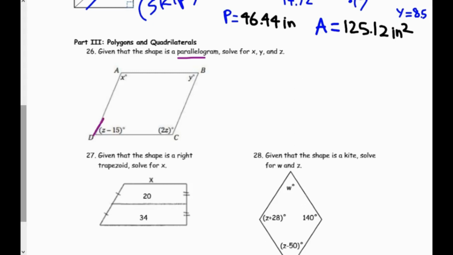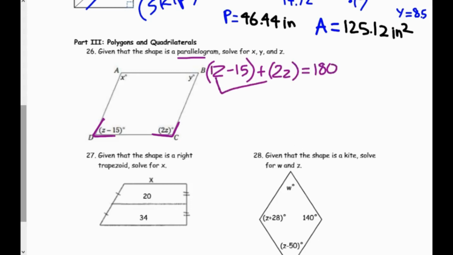So this z and this z, do you see how this one's acute and this one's obtuse? They are not across from each other, they are next to each other. They are not congruent, they add up to 180, supplementary. So z minus 15, that angle, plus 2z, the other angle, equals 180, okay?